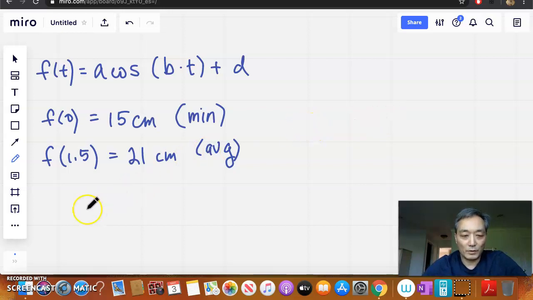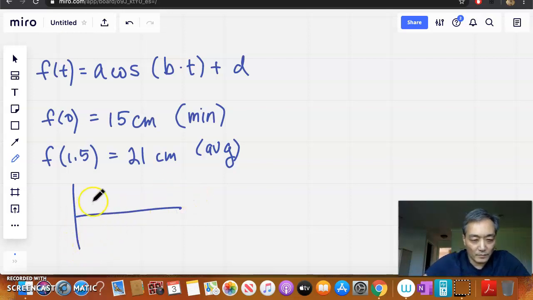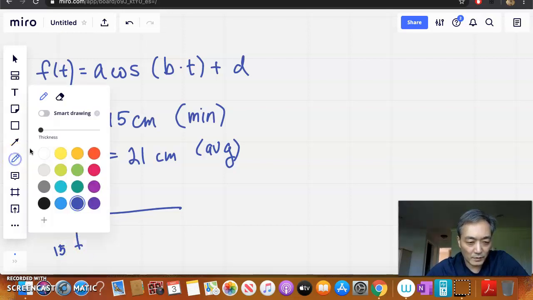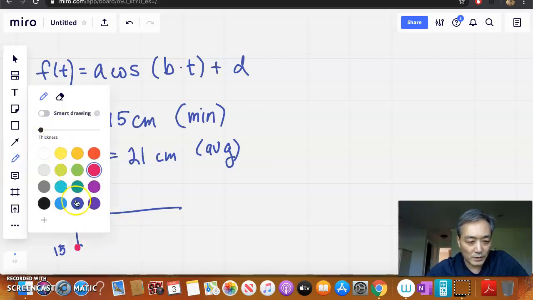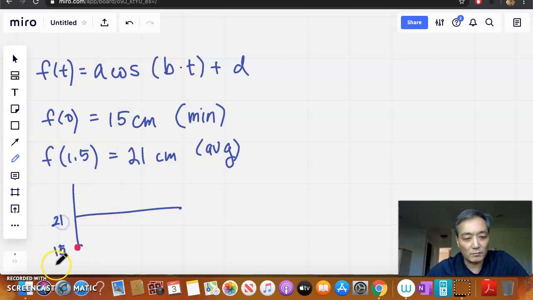So if I look at this, this thing goes from minimum to average, correct? So if I do a quick sketch, this function starts at the minimum, which is at 15 centimeters, at t equals 0. And then it's going to hit the average at 21, at t equals 1.5.